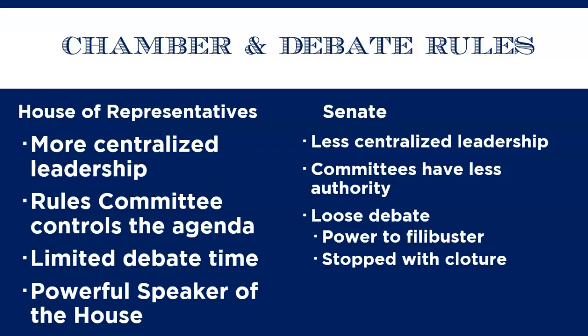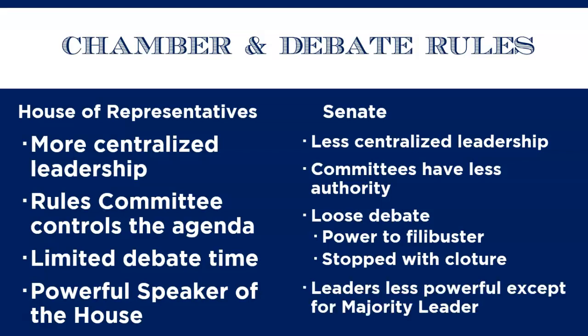It used to be a very big deal, but now just the threat of a filibuster, the talk of it, can sometimes make them move to vote for the cloture. Leaders have less power, except for the majority leader, who is the senior member of the majority party. They have a little bit more power to determine how things are going to be run in the Senate.